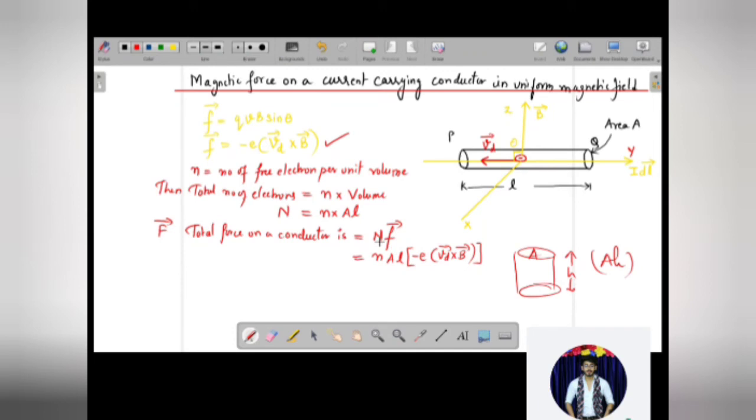Since charge is a scalar quantity, I'll remove e out. n is again a constant, so I'll keep it out. A is constant, I'll keep it out. So this L I'll take inside with a negative sign. So minus L times Vd cross B. This I'll keep inside.